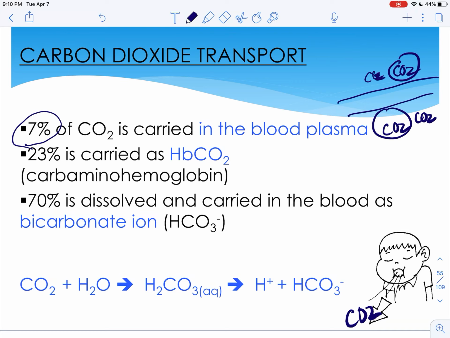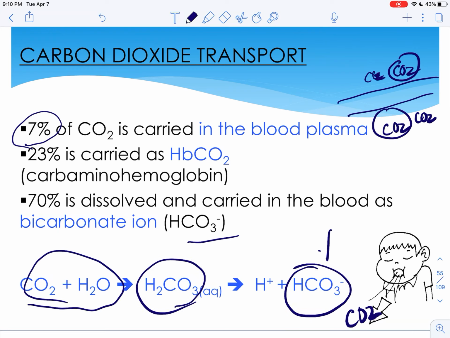And that is what's talked about here, how it's actually converted into bicarbonate ion. So there is this reaction at the bottom that says when carbon dioxide joins water, it can turn into H2CO3, and that will then dissociate into hydrogen ions and bicarbonate ions. So what's actually happening is a majority, 70% of that carbon dioxide, is carried as a bicarbonate ion in your bloodstream.